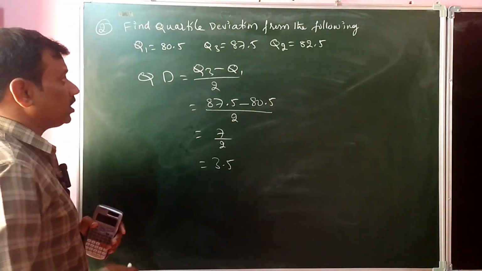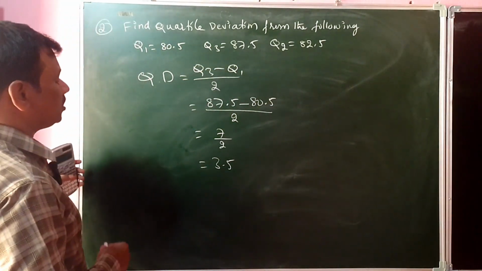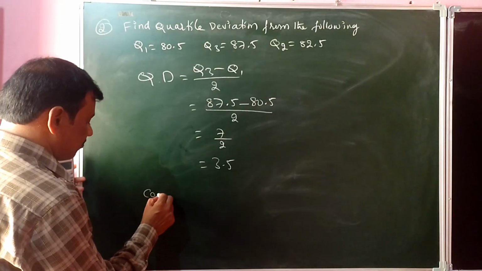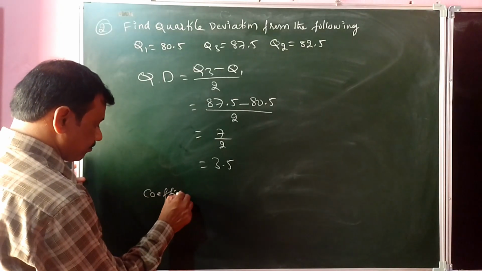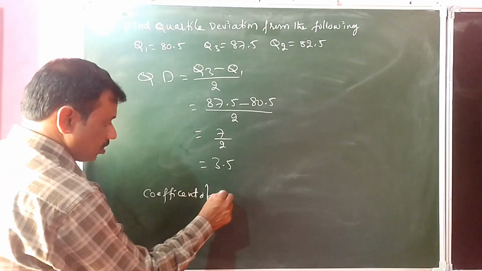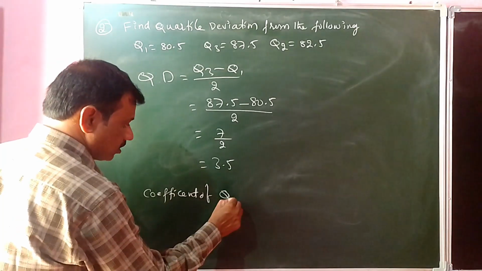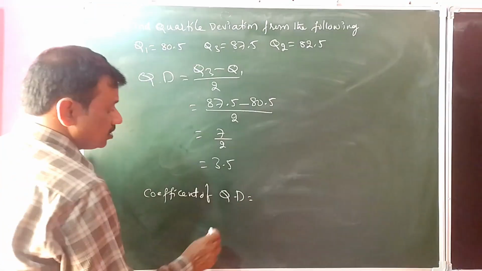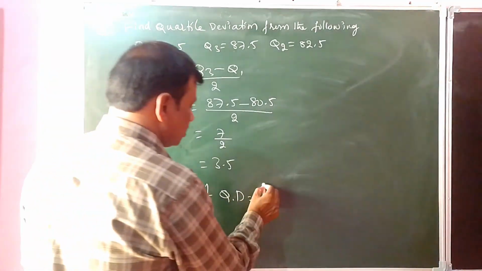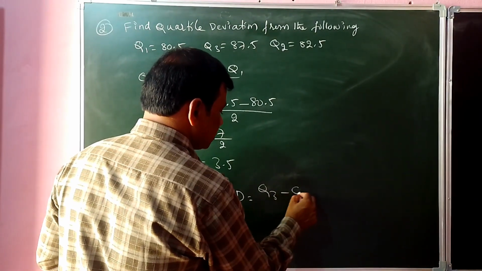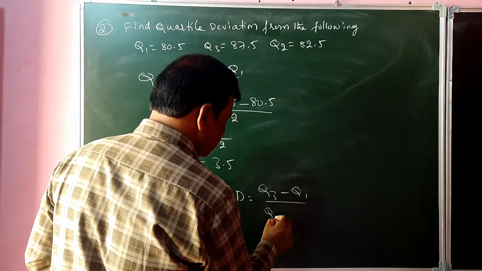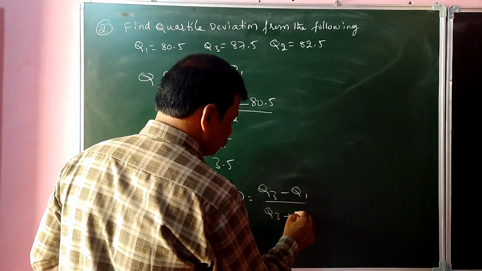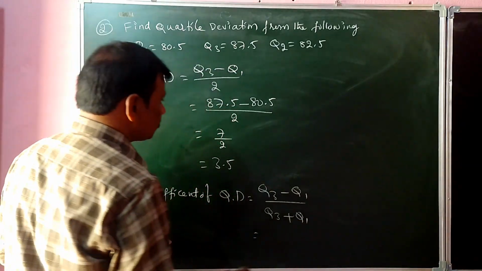Next, one more: calculate the coefficient of quartile deviation. The formula is Q3 minus Q1 divided by Q3 plus Q1. That is the formula.